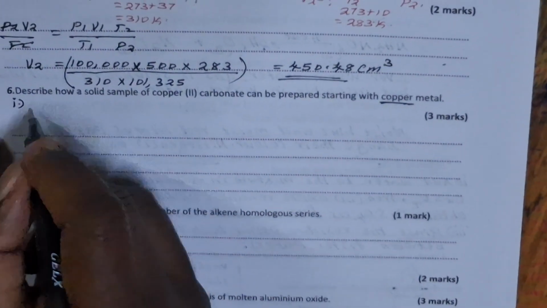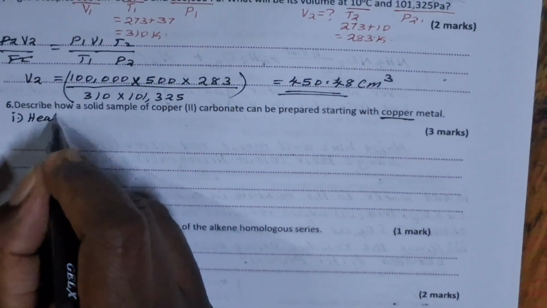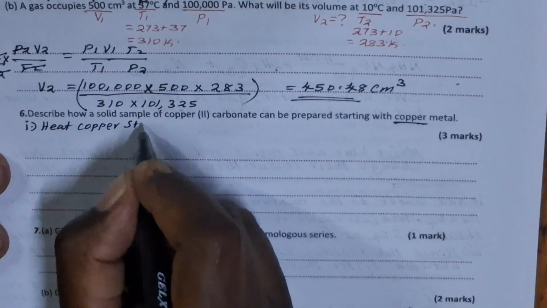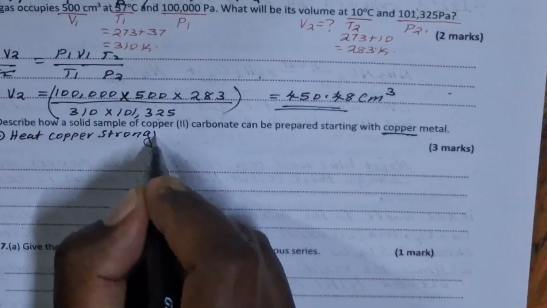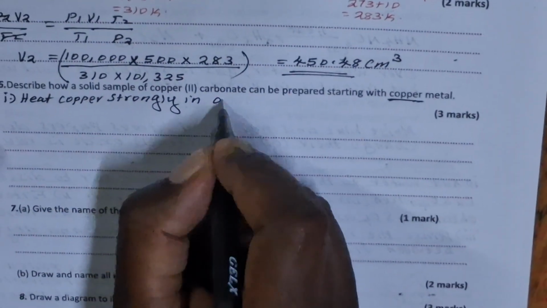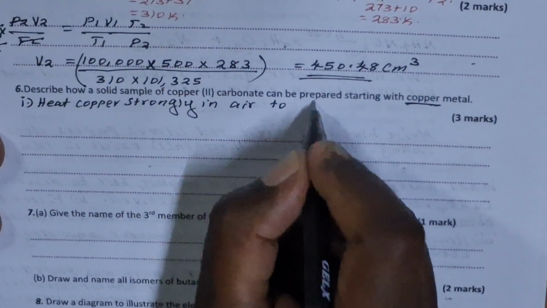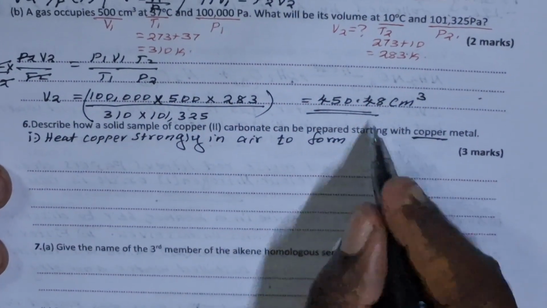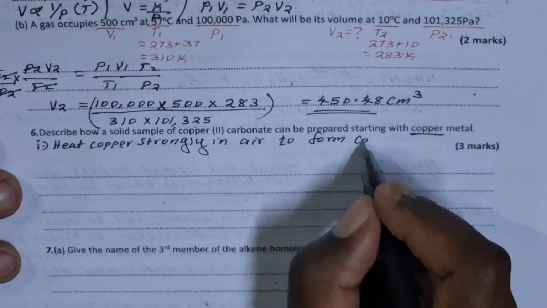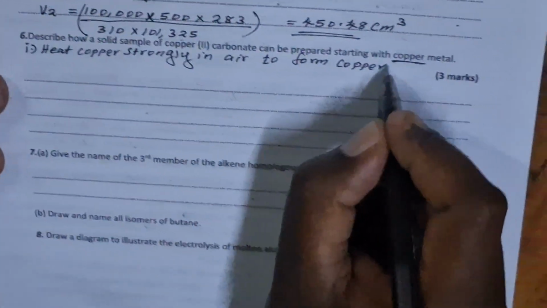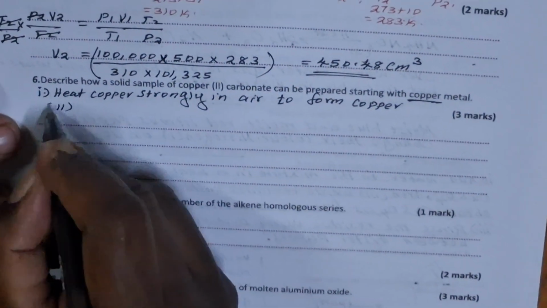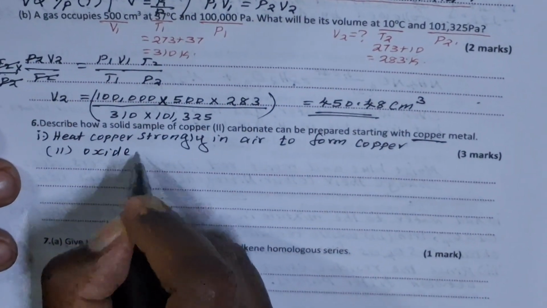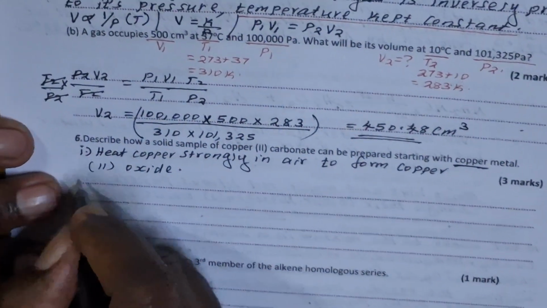We say heat copper strongly in air to form copper 2 oxide. Yes, to form copper 2 oxide. We are right.